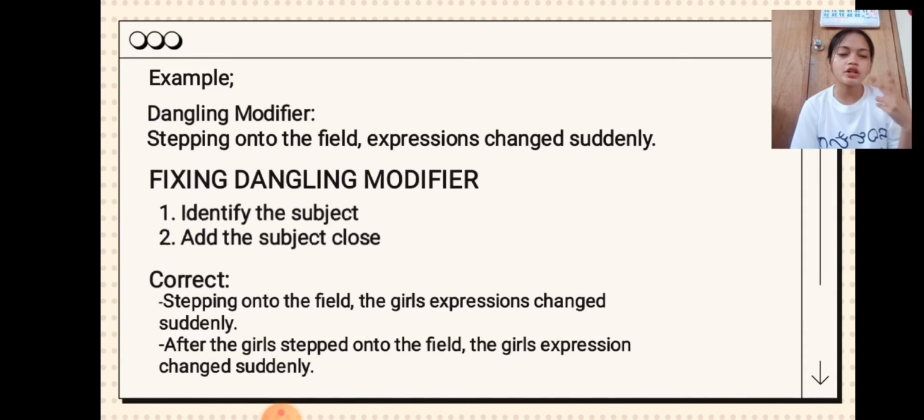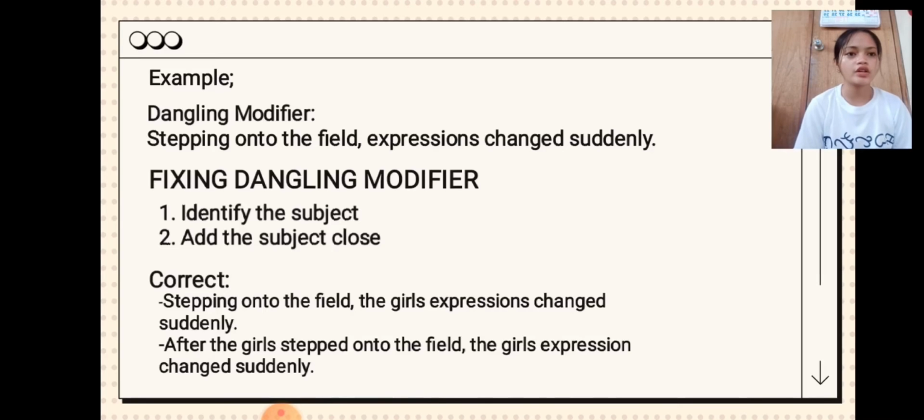First, stepping onto the field, the girl's expression changed suddenly. Upon reading this first sentence, we can clearly conclude that we already have a subject or the doer of the action, which is the girl. So the question, who stepped onto the field?